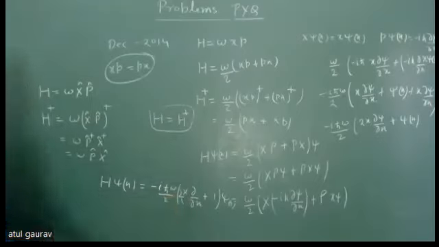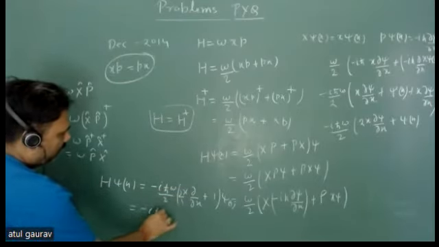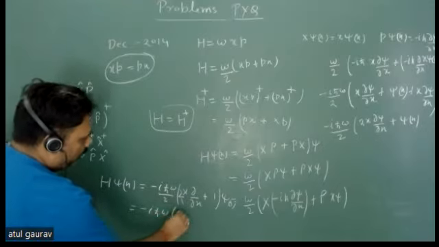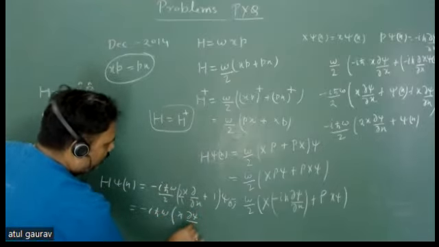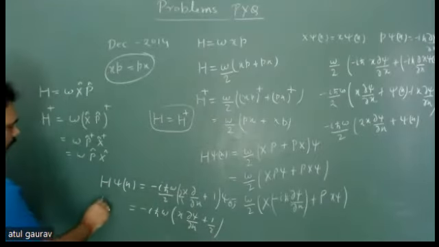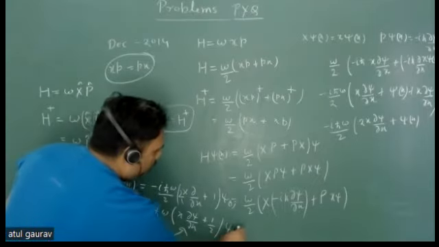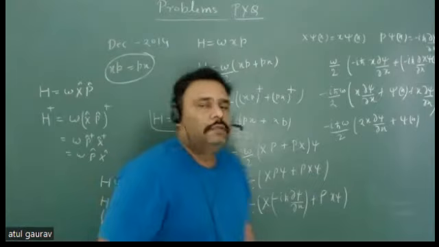If you want, you can take the 2 inside. So this will be minus i h cut omega times (x del psi upon del x plus half times I), which is H psi of x. Now this H will be equivalent to this one, and this will be your answer.